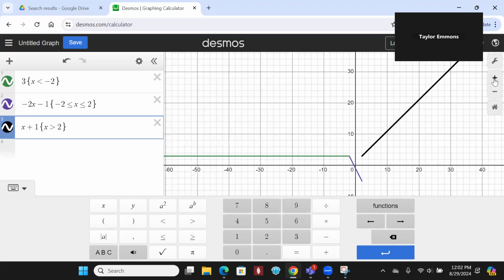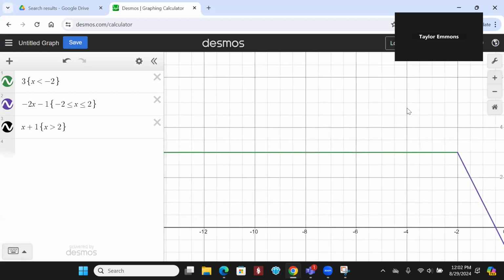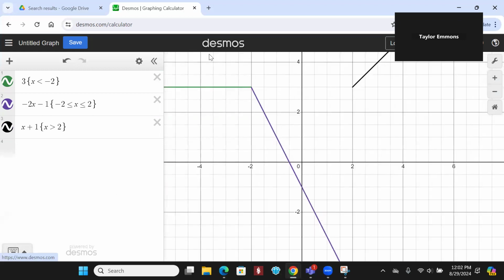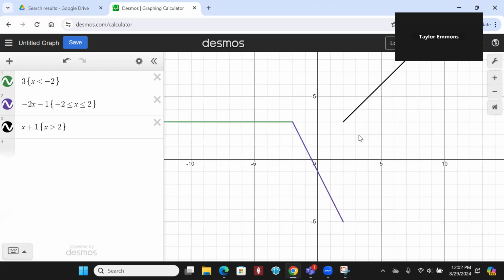All right, so you're going to graph this onto your paper. Okay, so Desmos has already graphed it for us, but we're just going to copy it onto our paper.